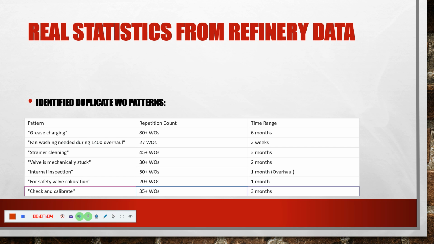All of these patterns are identified, and after that we can calculate how many repetitions happen in a duration. For example, for grease charging, we have more than 80 work order repetitions during 6 months.